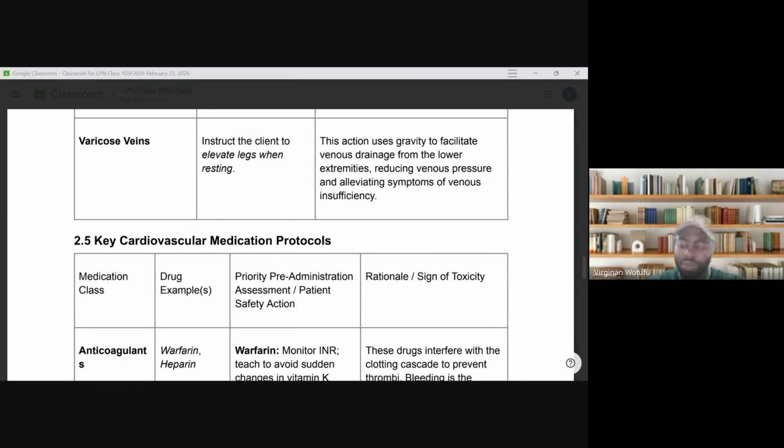After assessment, you try to get the area free of any harmful objects in case the patient might hurt themselves. You make the patient lie on the side, which is important because it helps drainage of any mucosal secretions. And then you note the timing and the duration of the seizure.